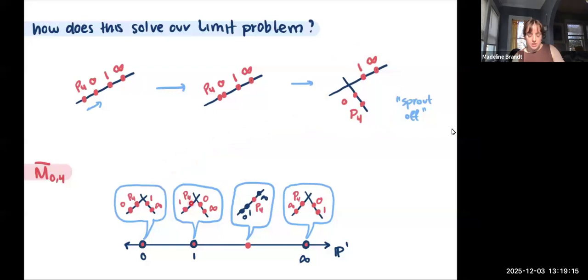When P4 hits 1, then they sprout off onto a component together. And when P4 and infinity collide, they sprout off onto a new component. So this is the picture of how the space looks compactified and what those boundary components that we've filled in are parameterizing.